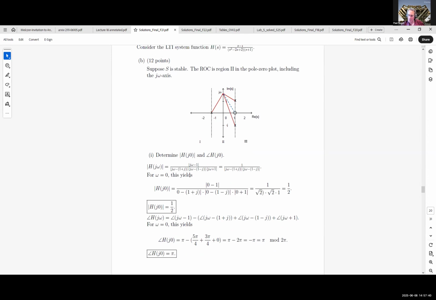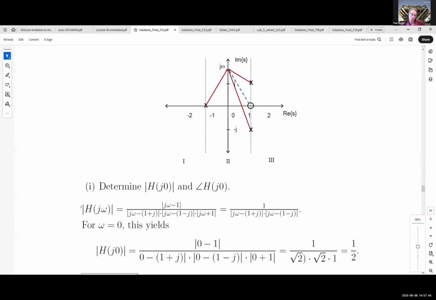So the magnitude of H of j omega is going to be, well, you plug j omega into the H of s. s minus 1 was the numerator, so you get j omega minus 1. And then the denominator factored into these linear terms, s minus this times s minus that times s plus 1. And so you plug in j omega.